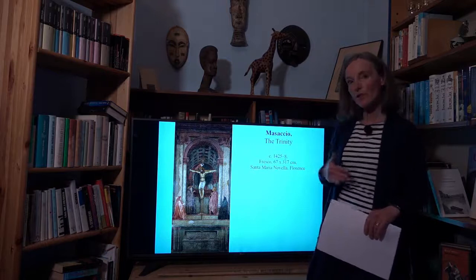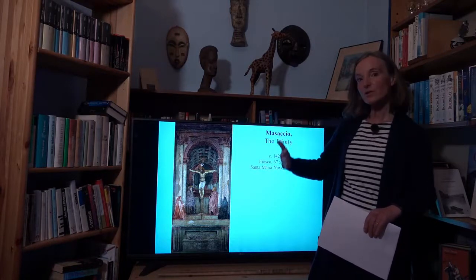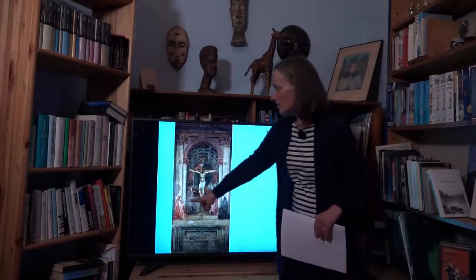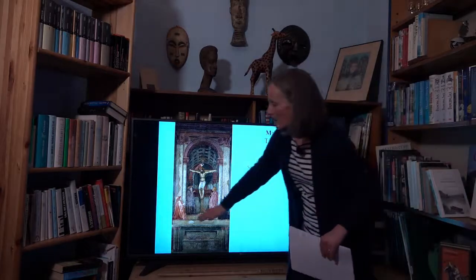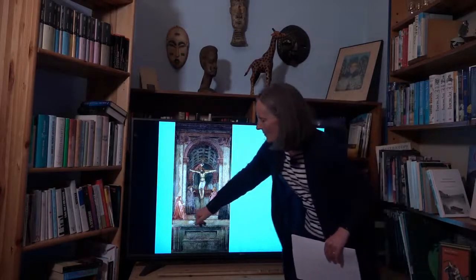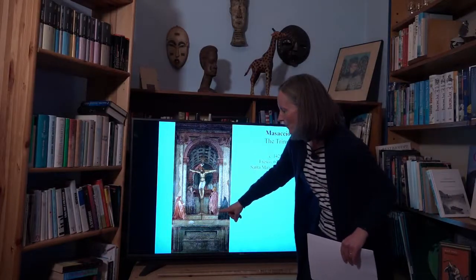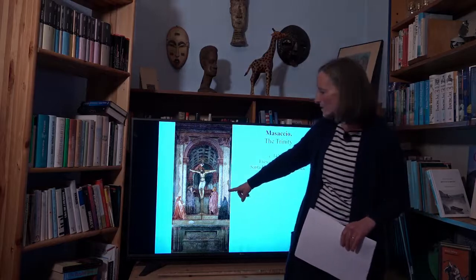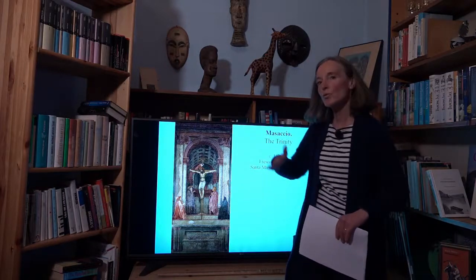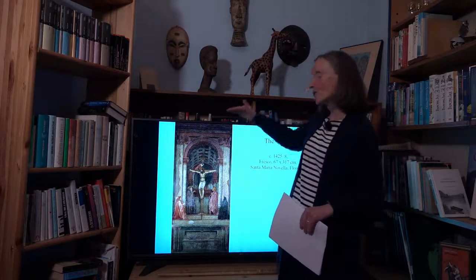Also the way the figures are positioned is a way in which the narrative develops. The donors are in our world, and they have a respectful distance to the religious figures through this step. Then we have the Virgin Mary and St. John the Evangelist, who are already in another sphere, and beyond you have the Trinity.